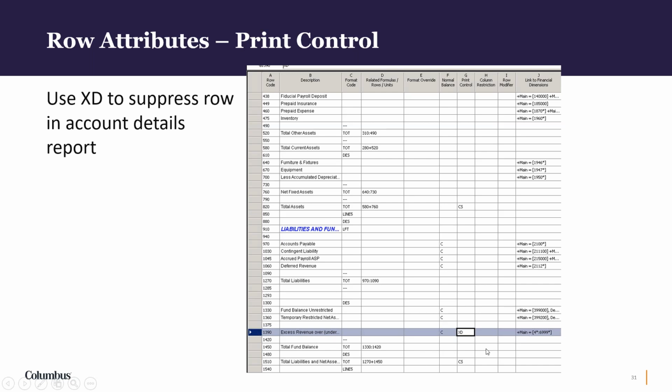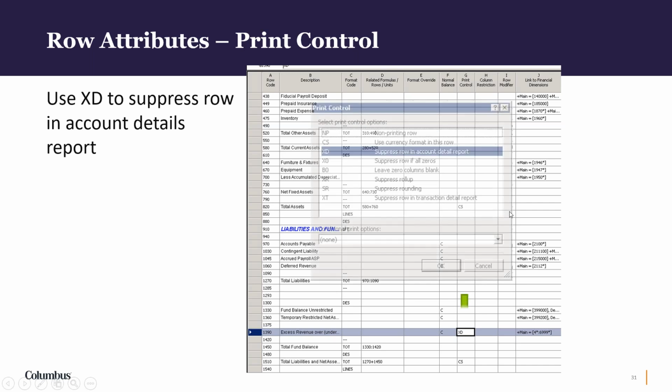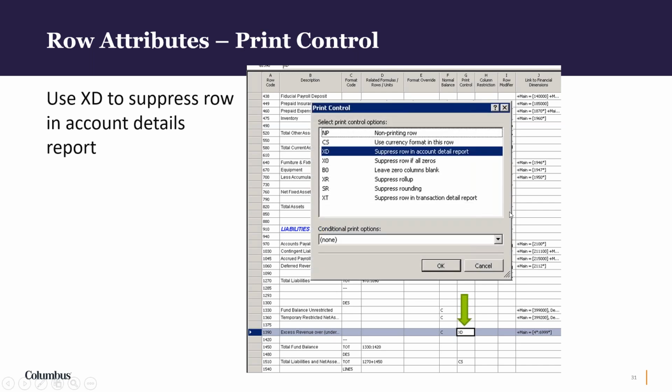That's just going to be a lot of accounts. If you've got a big chart of accounts, you don't really want to pull that. So by using the print control in column G, you can suppress the account detail for the row. That means all the rest of the rows would be drillable, but this one row would not be drillable. And you can do the same thing for a transaction level.